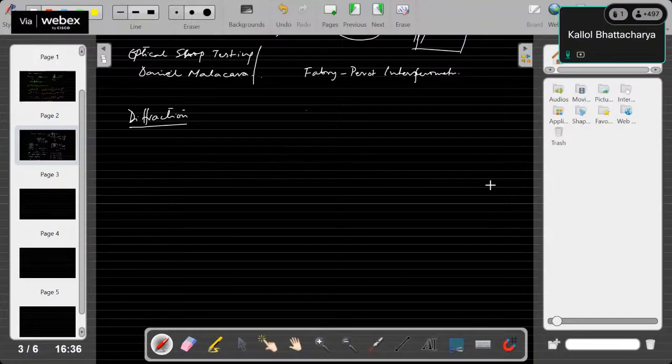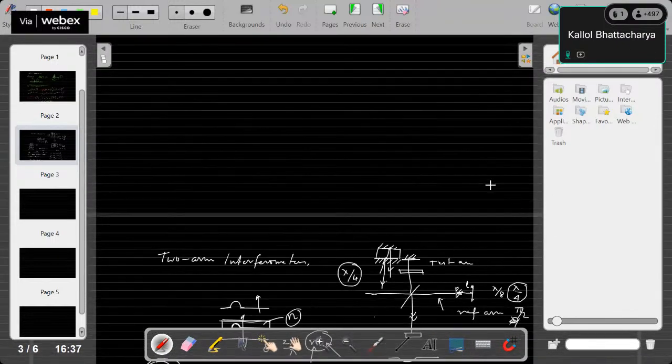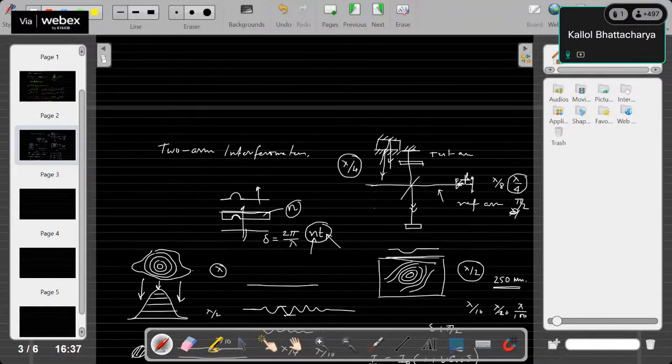Now, how they did it was, if you move the mirror by exactly 1 meter, then you simply count. What happens if you move this? You're introducing continuous uniform phase change, and you will see the fringes evolving from the center or sinking into the center. If the fringes are circular, you will see the number of fringes growing.